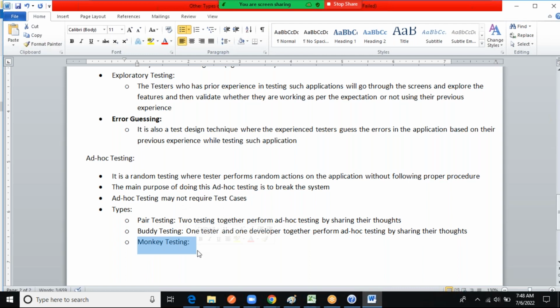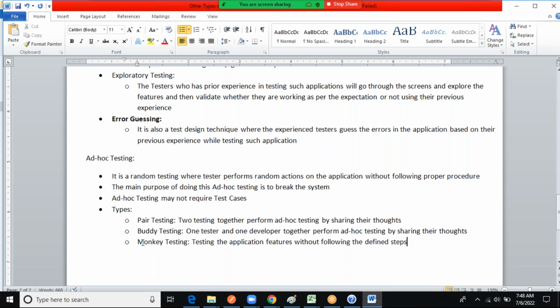The definition is similar to what I mentioned here: performing random actions, testing the application features without following the defined steps.